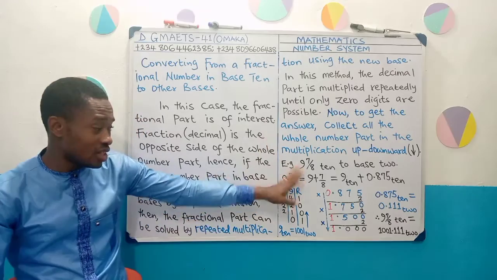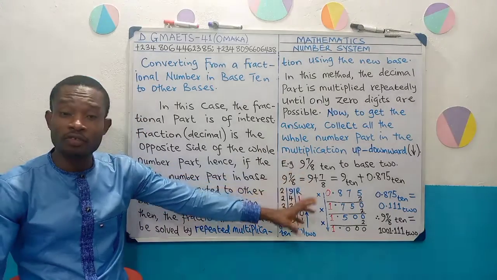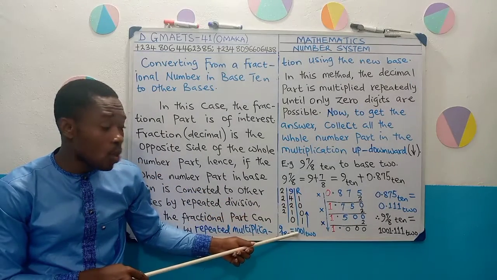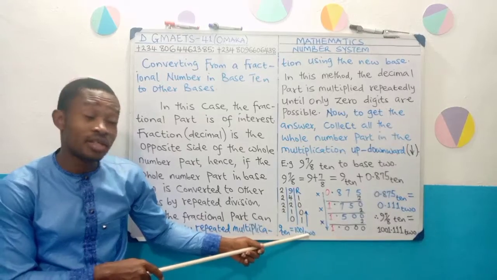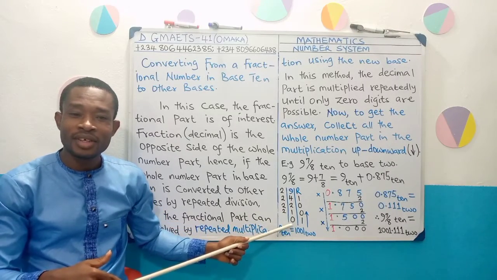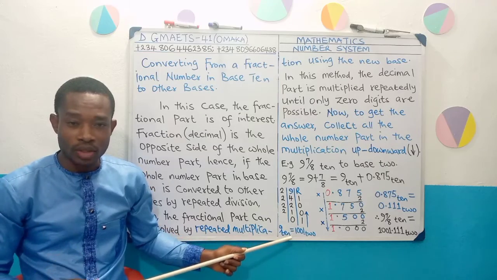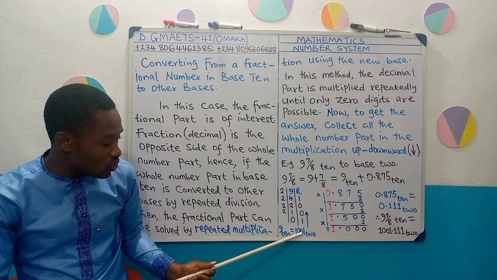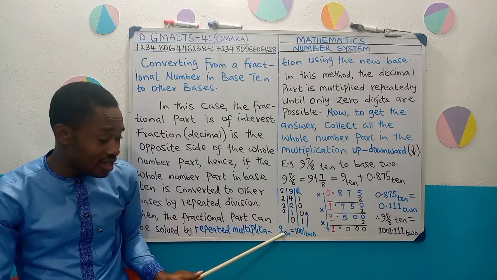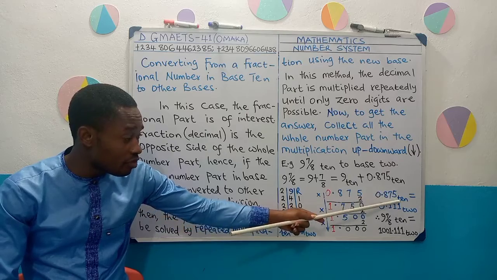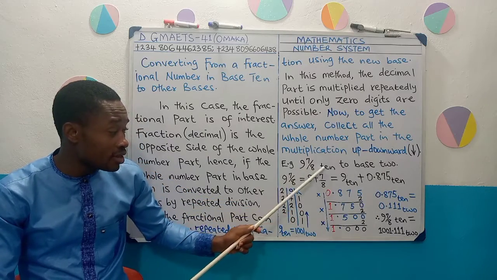But remember, for this particular example that I gave you, I have not finished. Don't forget that for 9 base 10, we got the answer to be 1001 base 2. You should know how to solve this problem already, because we've worked on that before. Now, you are meant to add this base 2 answer you got for 9 base 10 to the base 2 answer you got for 0.875 base 10, which is the same as 7 over 8 base 10.